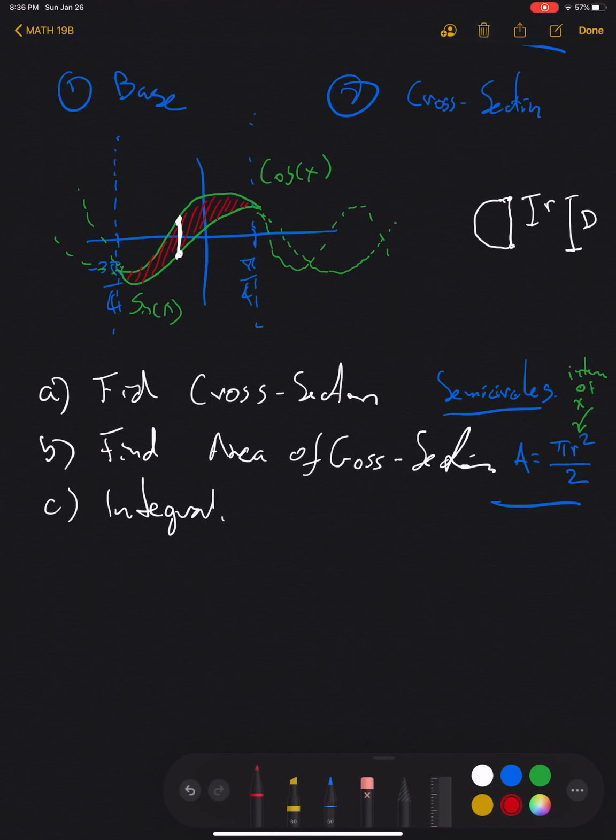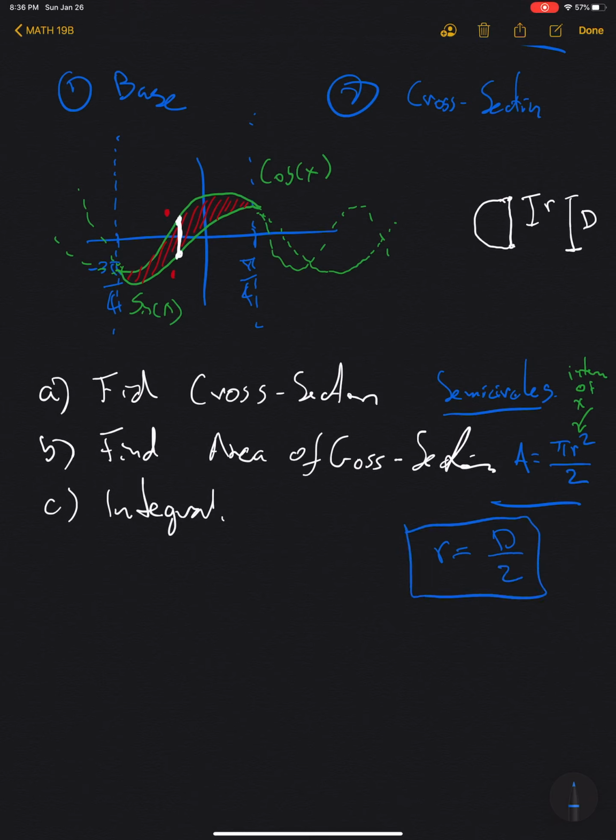In other words, we need to find the top part minus the bottom part, and that will give me the diameter. So r is just the diameter divided by 2. Finding the diameter is a quick way to find the radius. From the picture, the top part is given by the cosine, and the bottom part is given by sine.